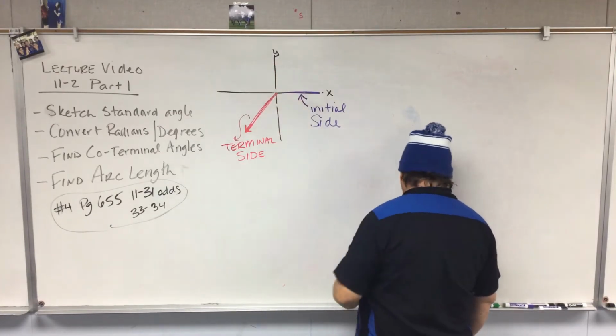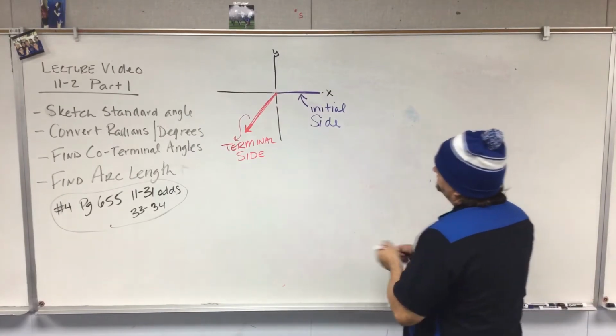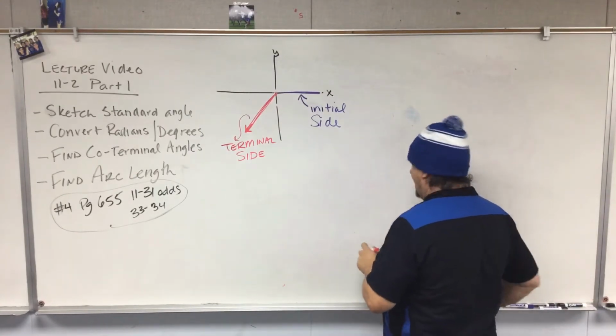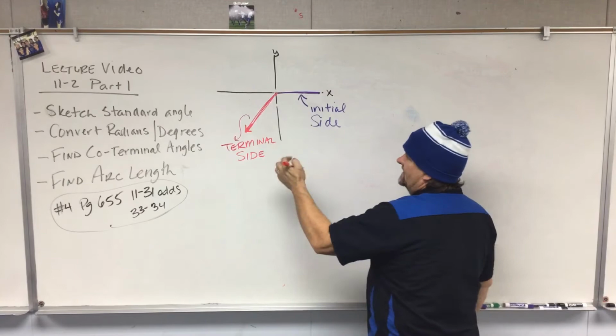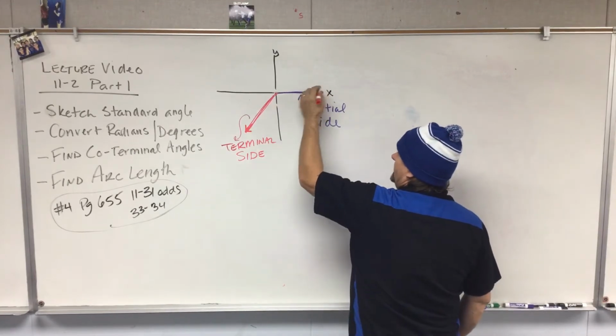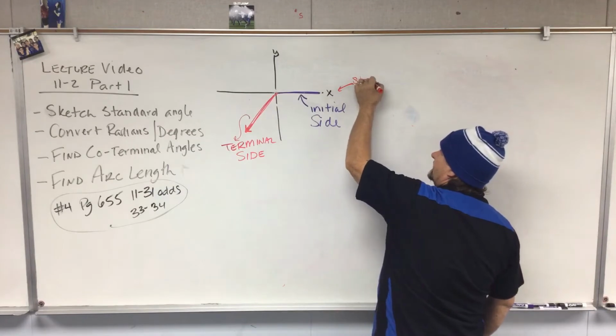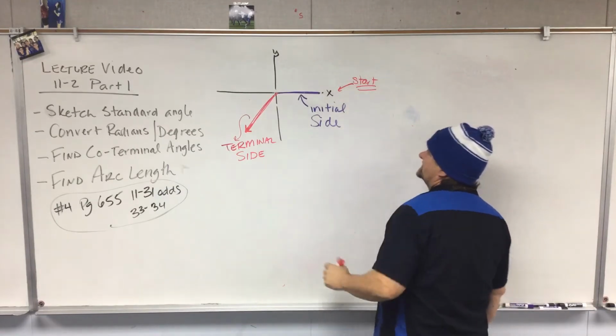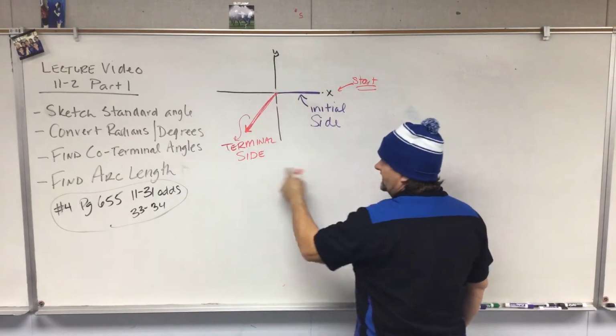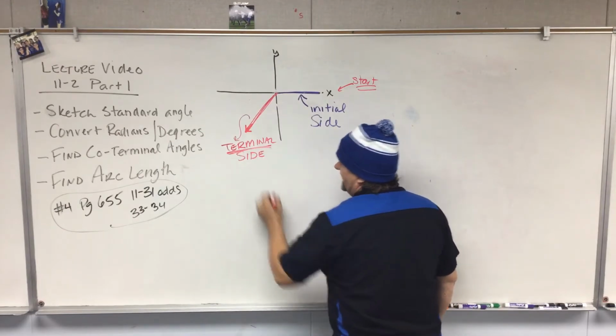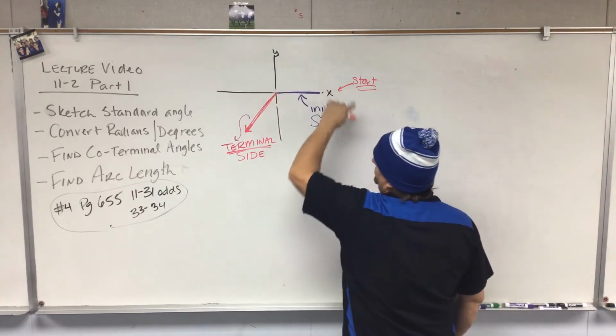It just keeps spinning. Now, with that comes an idea that the terminal side can end up at any degree. We start here. Remember, this is the starting point. It always starts here. So the terminal side always starts here, and then it finishes. That's why we get the idea of terminal side. It finishes somewhere as it rotates.